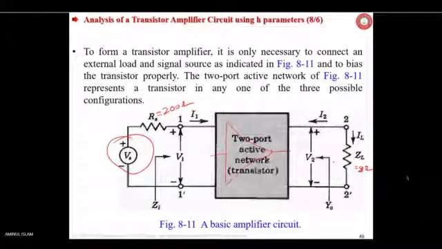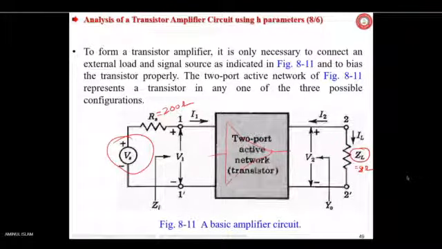Here, we are not putting a speaker or something like that. We are considering one impedance, ZL, corresponding to that output device, that may be resistive or inductive or capacitive. We are generalizing with the load ZL.